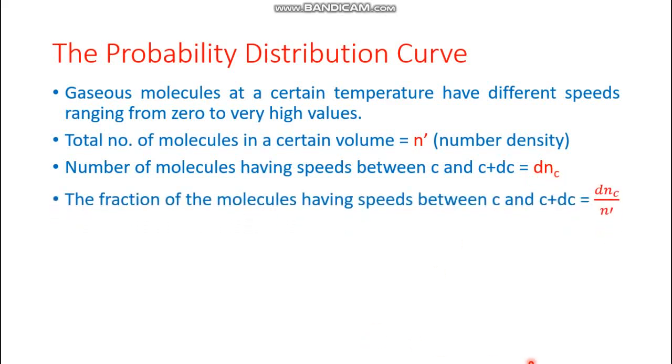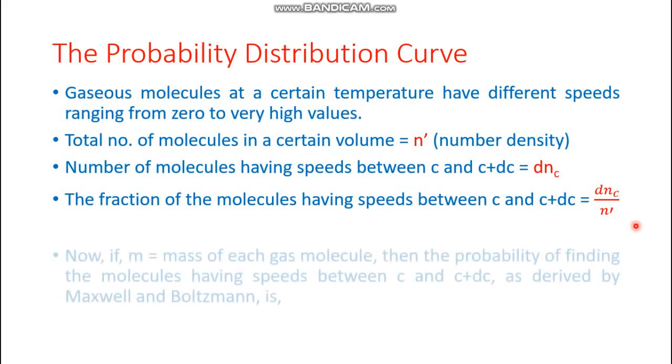The fraction of the molecules having speeds between c and c plus dc, that is, if this is the total number of molecules, and this is the number of molecules within this velocity, then what is the fraction? Definitely its ratio, that is dnc over n prime.